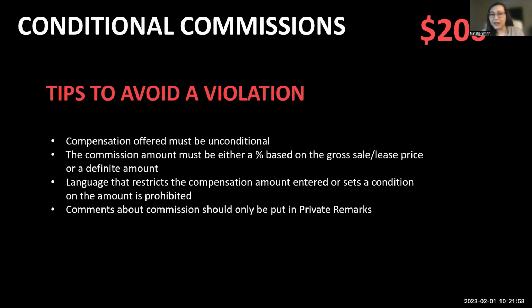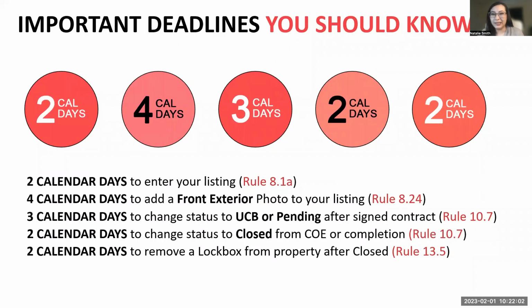So the last thing, a couple last things that I want to mention about the rules are just some important deadlines. I know that the process for just putting it in the MLS is kind of the long haul of getting all the information in there initially, but it's just important to note that you can't forget about it. You have to update it throughout its lifetime. And so we do have some deadlines on those.